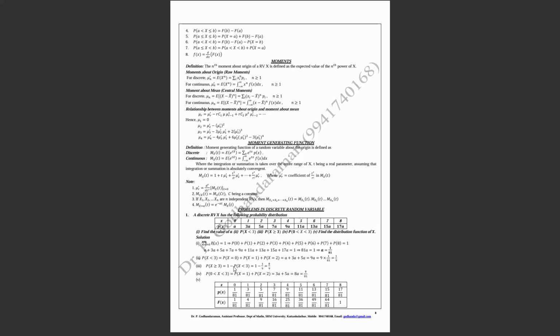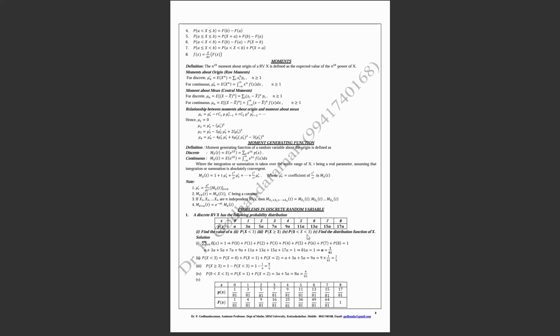Or we can use another formula, a very simple shortcut: 1 minus p of x less than 3. In the second solution we already got the answer, 1 by 9. So 1 minus 1 by 9 is equal to 8 by 9.